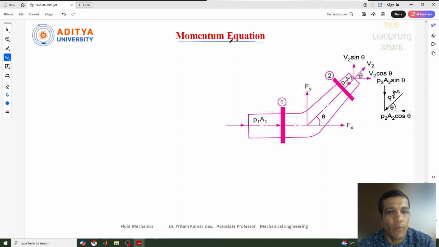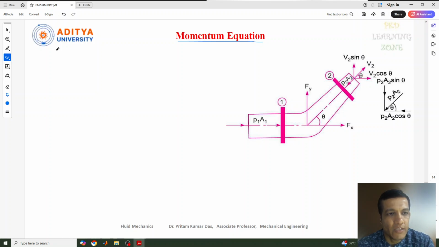So actually this momentum equation is the law of conservation of momentum, or we can say it is based on the momentum principle.